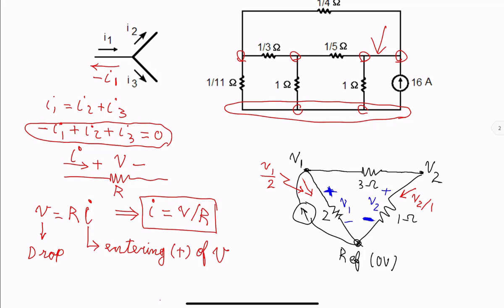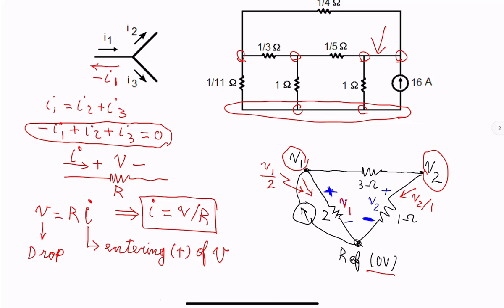You see a little circuit here. Reference 0 volts is at the bottom. We have nodal voltages V1 and V2 already assigned. And the meaning of that is the voltage of node 1 compared to the reference is plus on the top, minus at the bottom, V1. The voltage of node 2 compared to the reference, positive on the top, negative at the bottom.